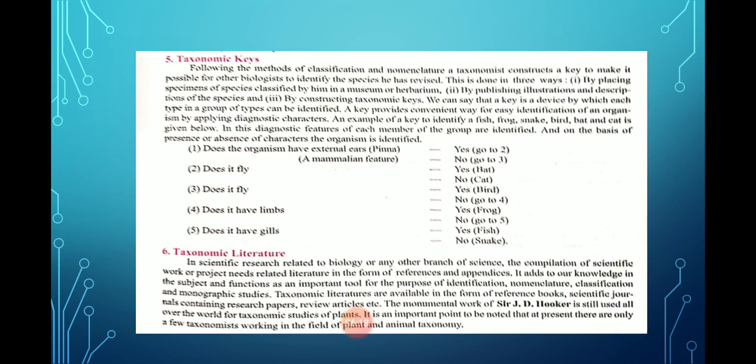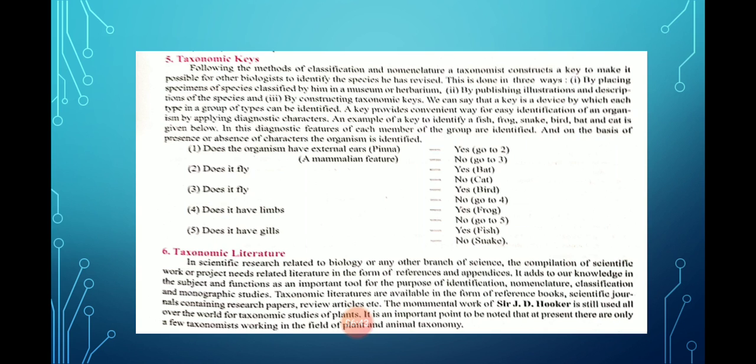These are the method of classification in which a taxonomist constructs a key, that is a possible way for identifying any living organism, and helping us know whether it is classified in a correct group or correct part of the classification system or not. A key provides a convenient, easy method of identification of organism.